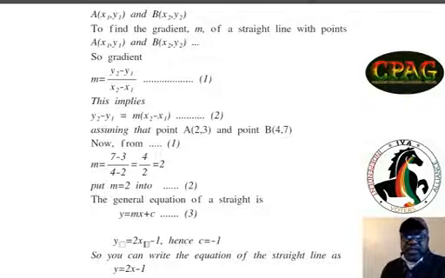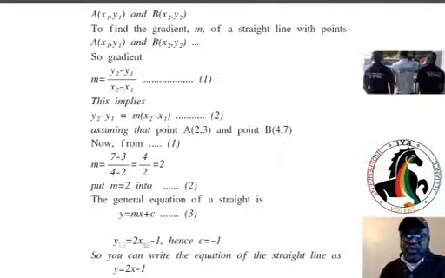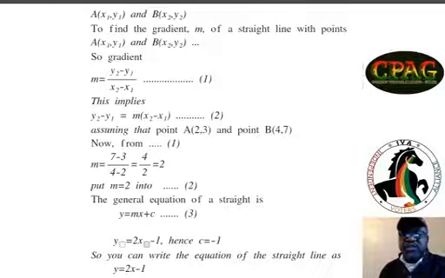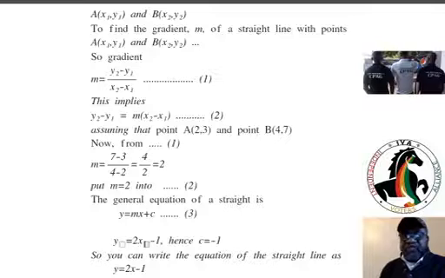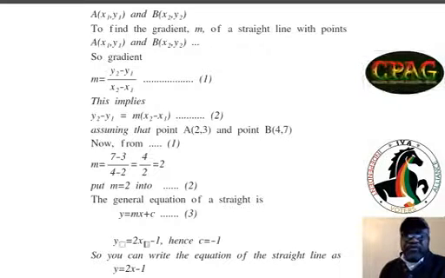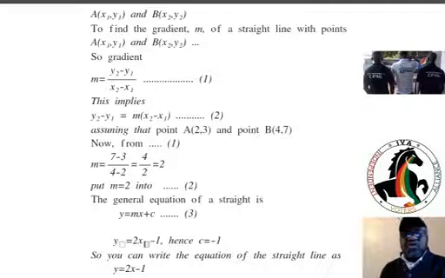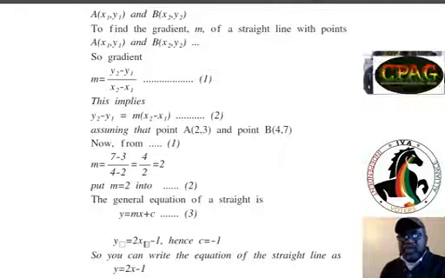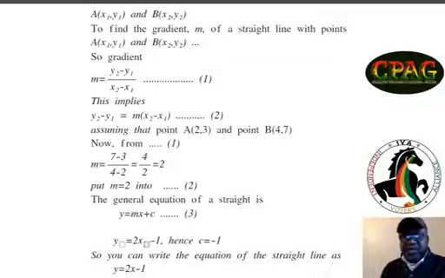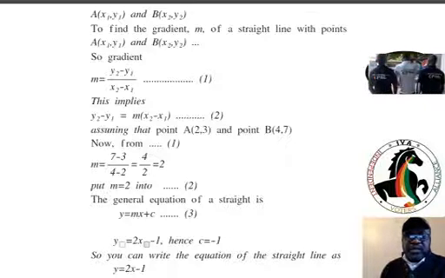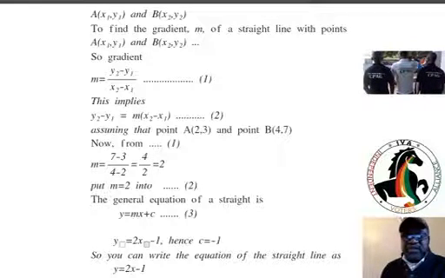So assuming that point A is equal to (2, 3) and point B is equal to (4, 7), given the exact coordinates, now from equation 1 you can find the gradient m as 7 minus 3 over 4 minus 2. You could easily have done it 3 minus 7 over 2 minus 4. The first one, you get 7 minus 3 is equal to 4, over 4 minus 2 is equal to 2.